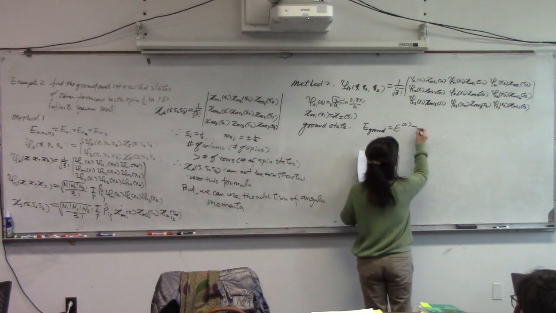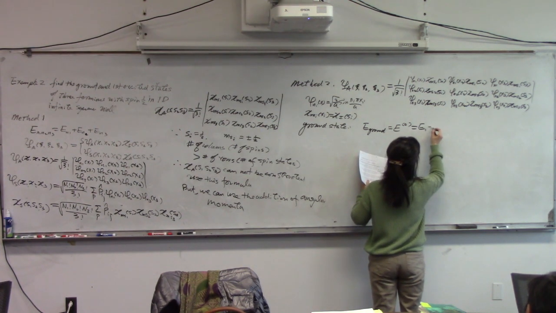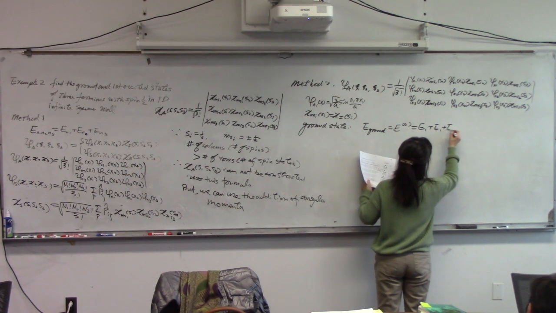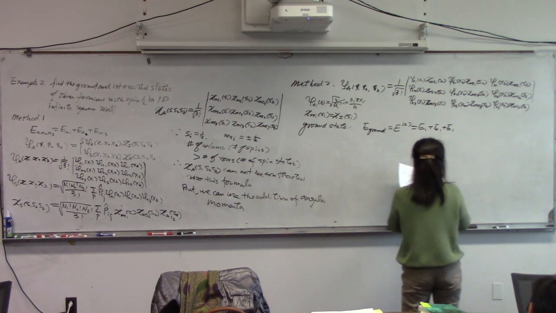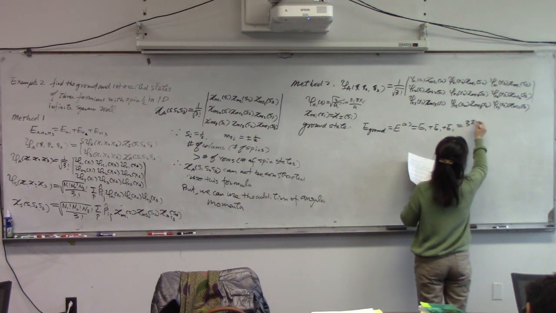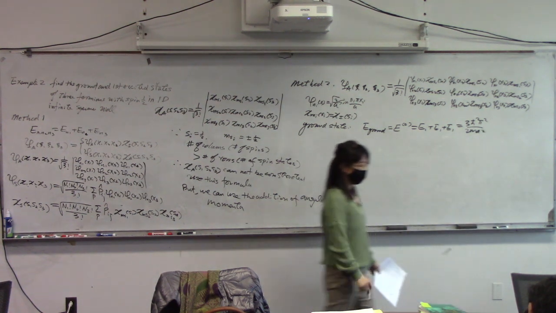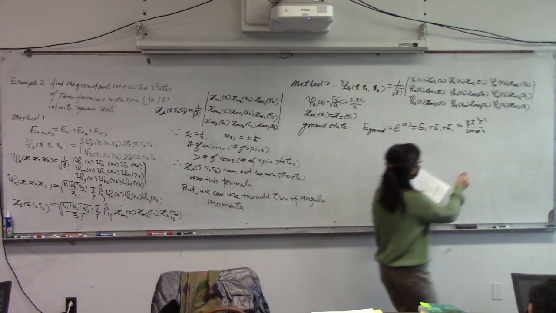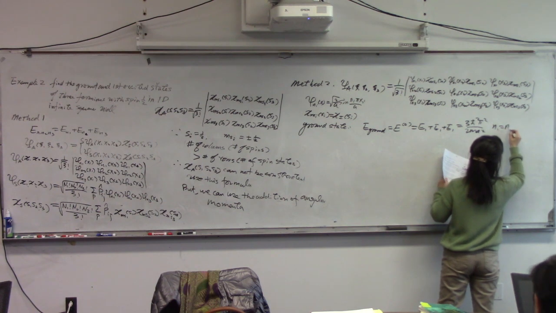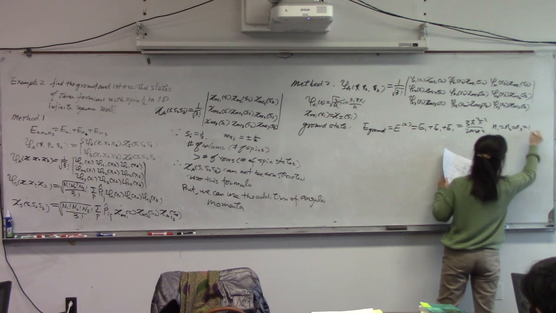That is the lowest energy, 3 h bar squared pi squared over 2 m squared. Fine. So that means we have n1 equal to n2 equal to n3 equal to 1.